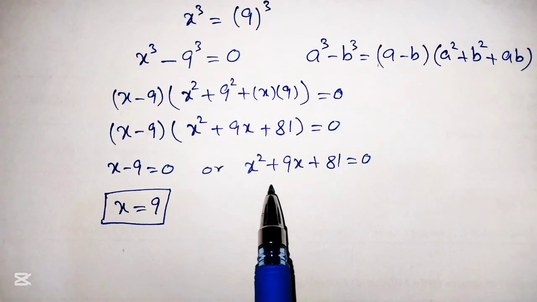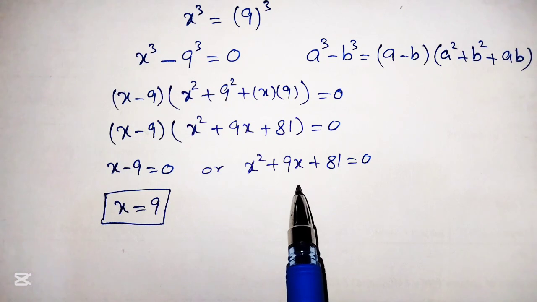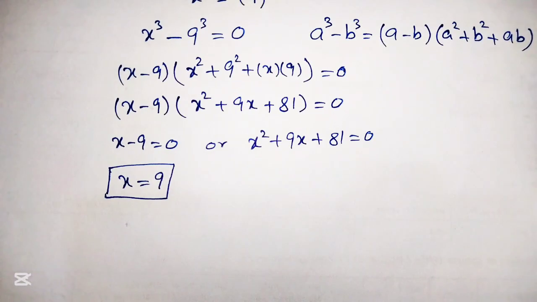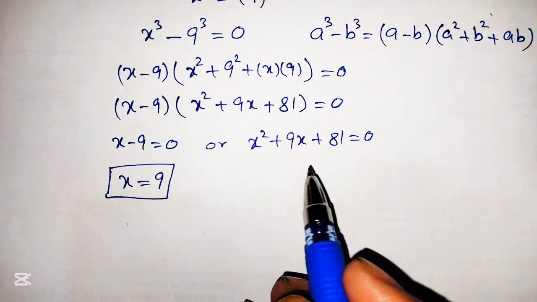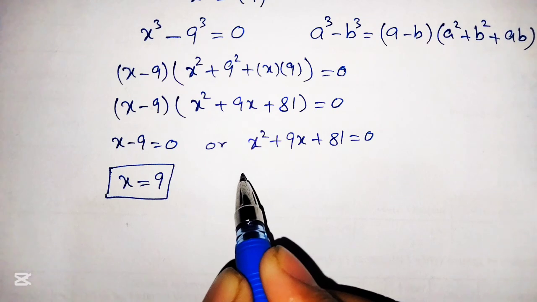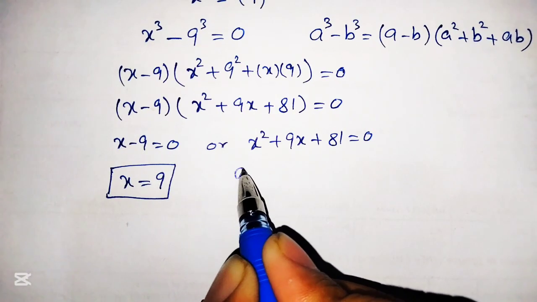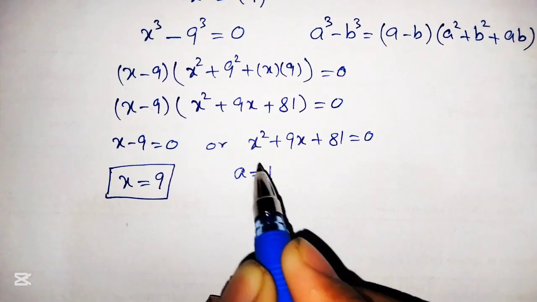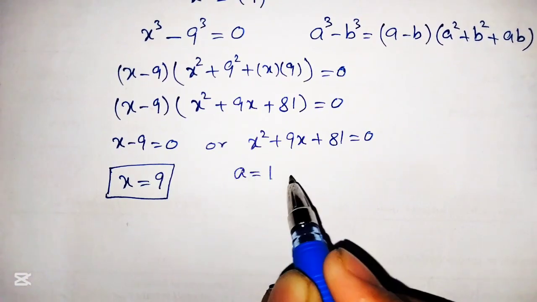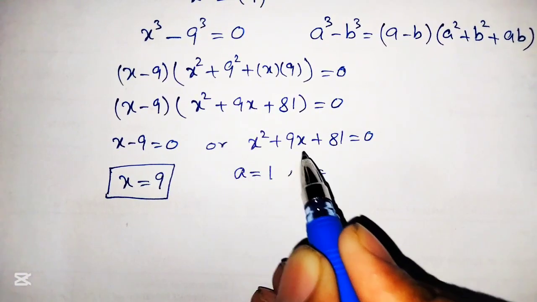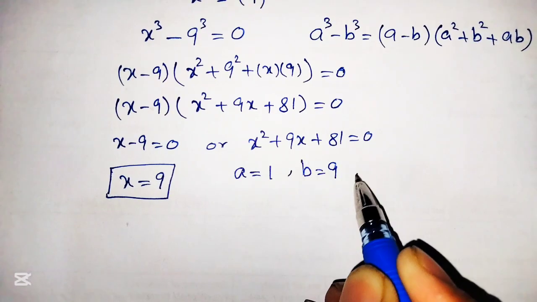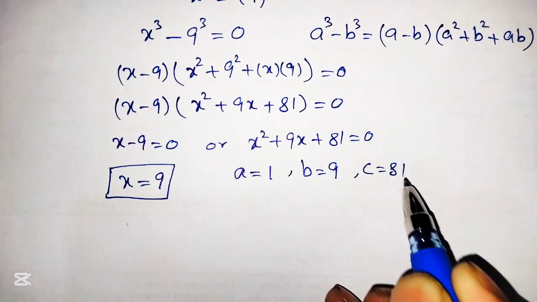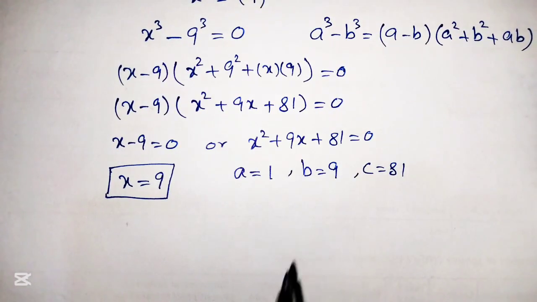Now for the other two roots we will solve this equation, and it is a quadratic equation. A quadratic equation can be solved by using the quadratic formula, so we will use the quadratic formula here. For this, first we will write a is equal to 1, that is the coefficient of x square. b is equal to 9, that is the coefficient of x, and c is equal to 81, that is the constant.